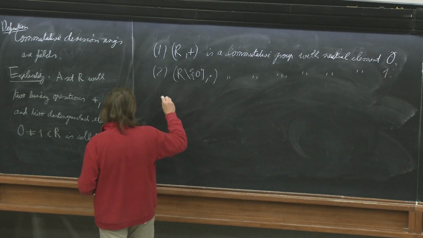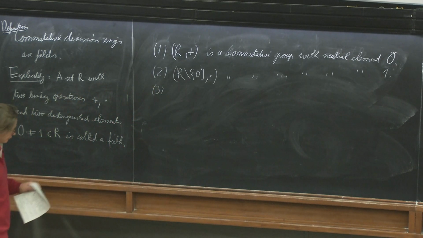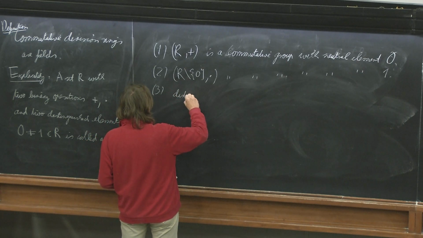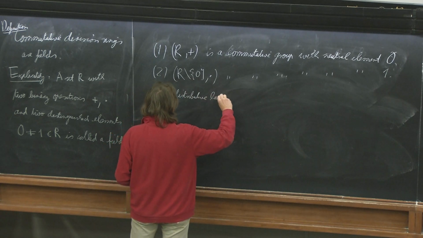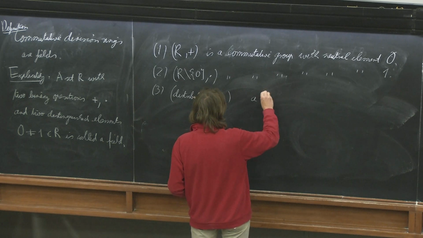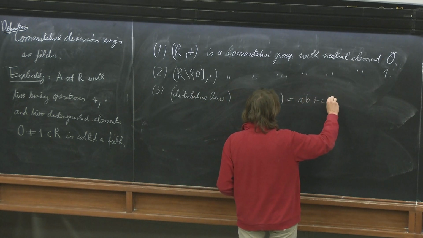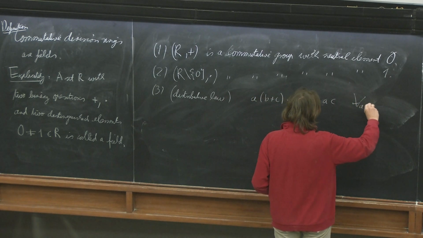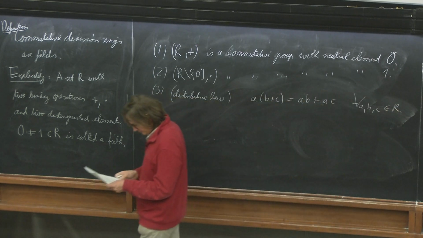And the third one, as I said, is that they are compatible by the distributive law. So that just is, if I take A times (B plus C), for all A. This is the structure.